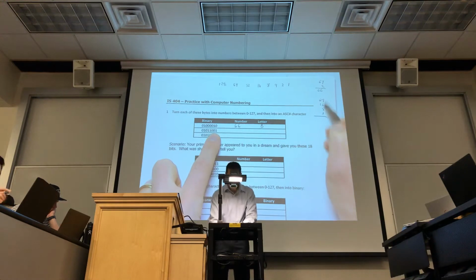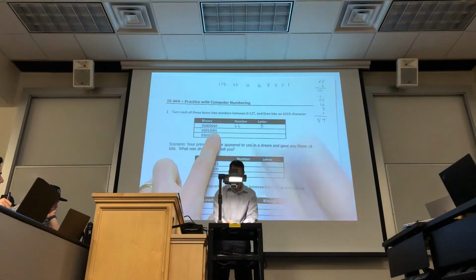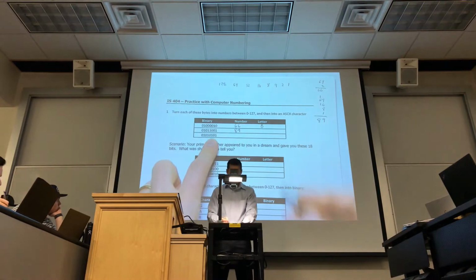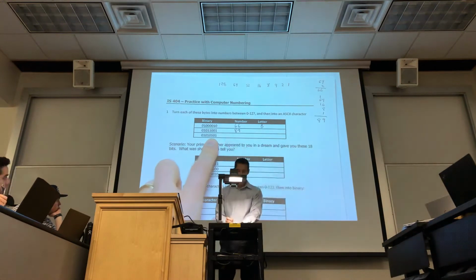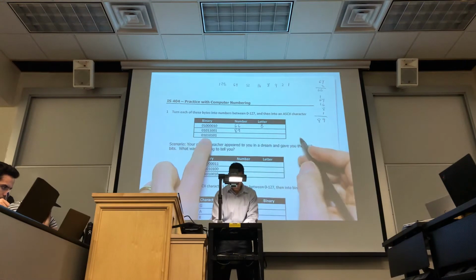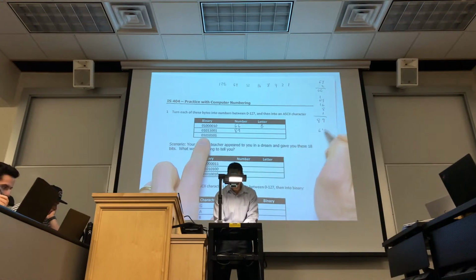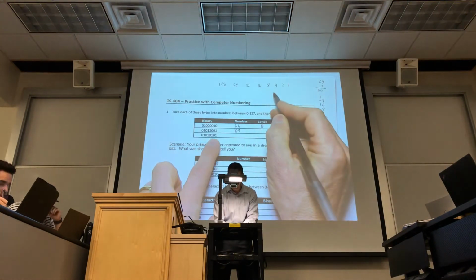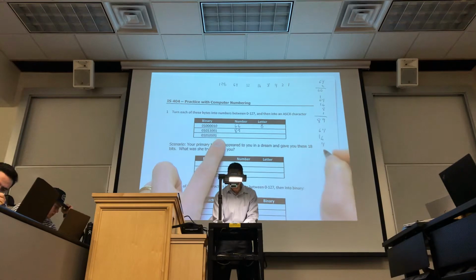So 64 plus 16 is 80, plus 8 is 88, plus 1 is 89. Let's go ahead and solve this last one as well. Again, something in the 64 place, something in the 16 place, skipping again, something in the 4 place and something in the 1. So 64 plus 16 is 80, 84, 85.